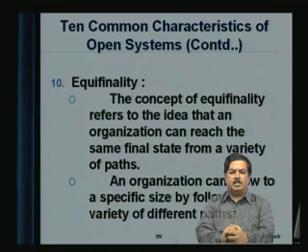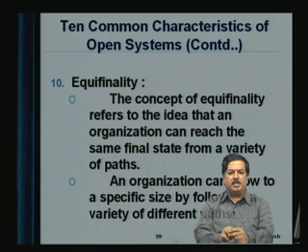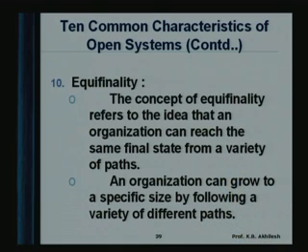And the other word used is equifinality. The concept of equifinality refers to the idea that an organization can reach the same final state from a variety of paths. So that means there are different methods to achieve it. The organization is always goal centric, but can adopt different methodologies to get to the end results.